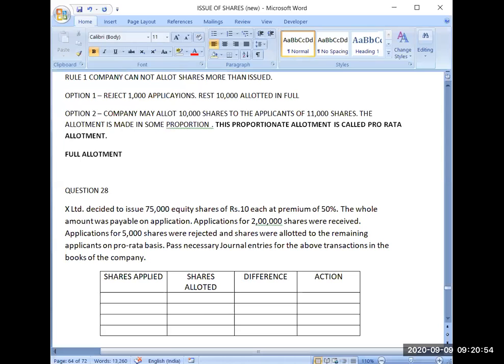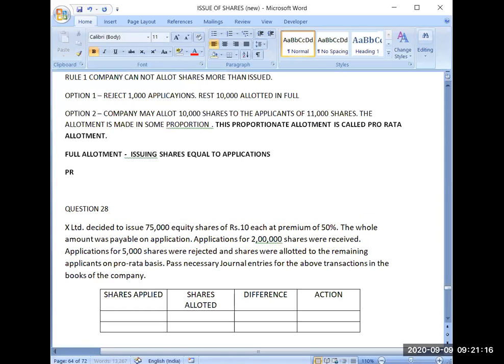In full allotment, you are issuing shares equal to applications. Then there is the category of pro rata allotment.